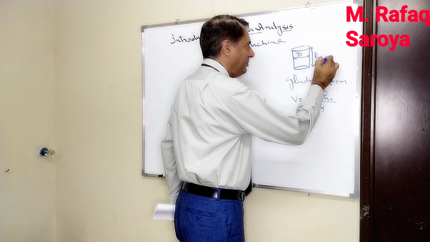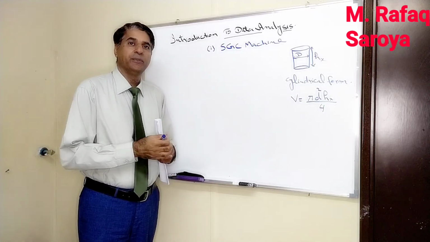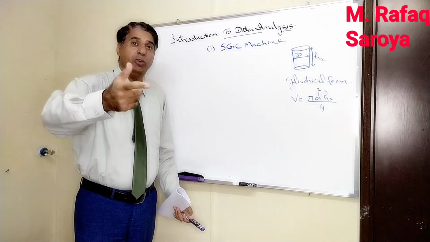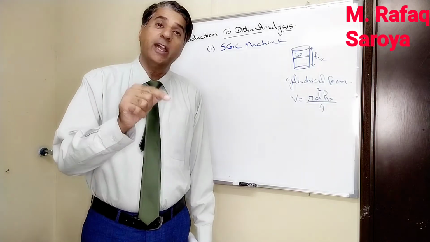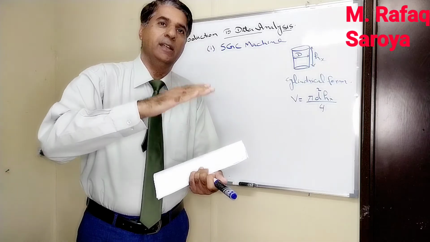Here hx is being written just in order to show you that during each revolution or during each gyration, the height of the specimen is being reduced.